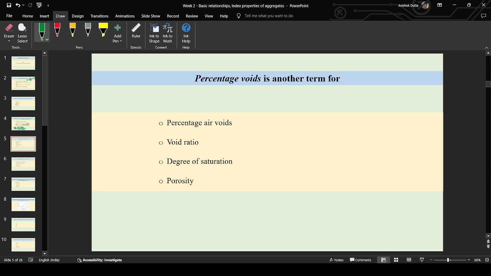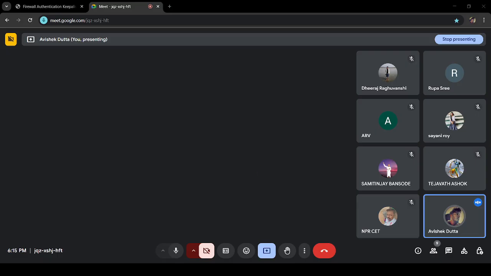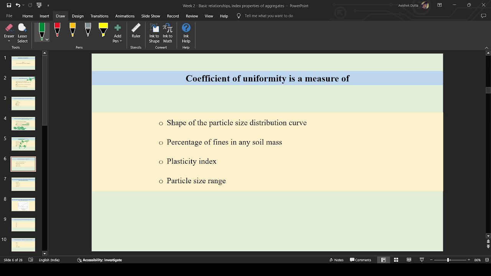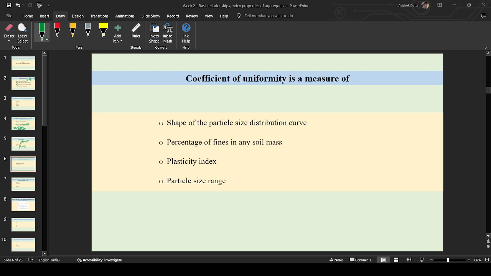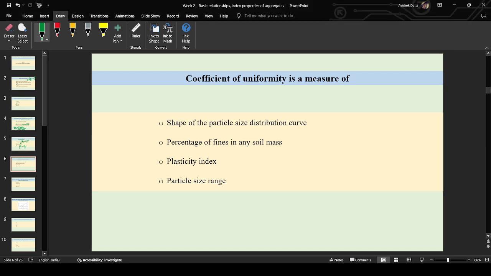Next question. Coefficient of uniformity is a measure of what? Option D, yes, particle size range. Then what is the term for the first option? Cc, coefficient of curvature.